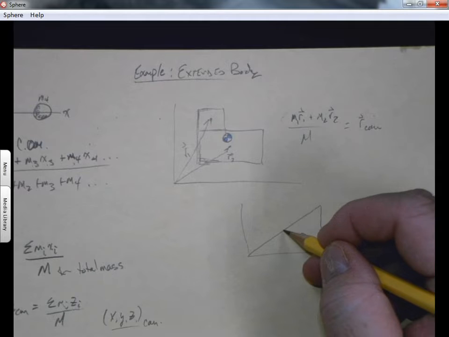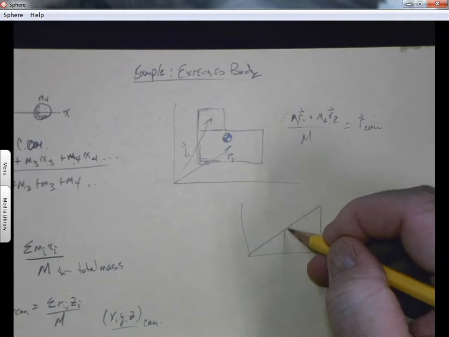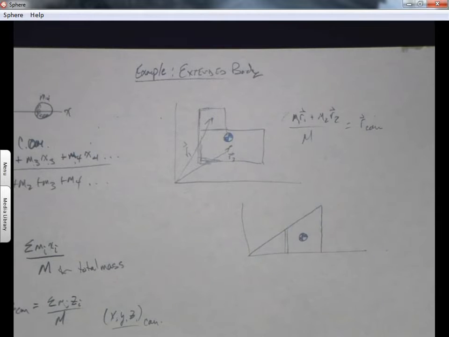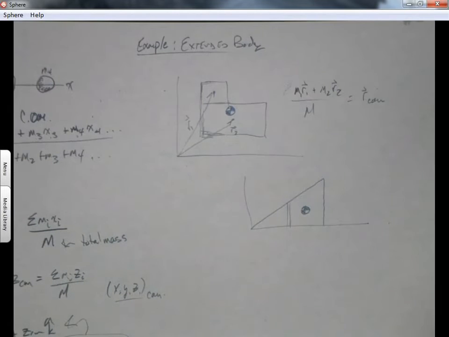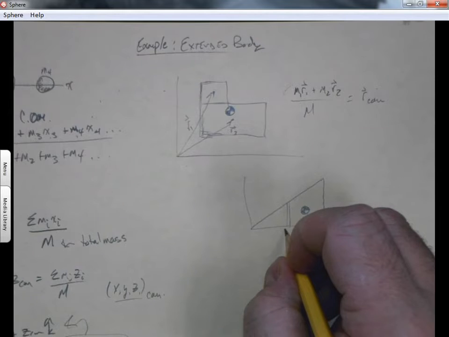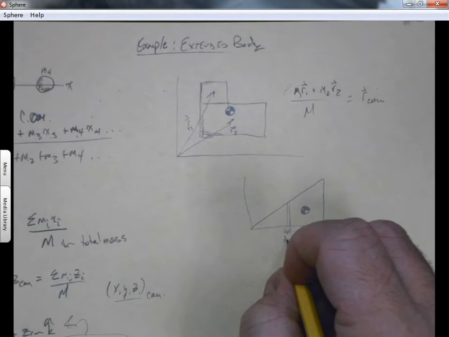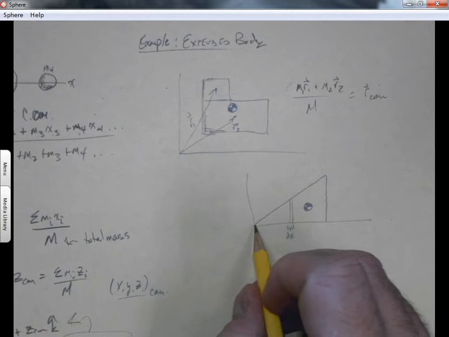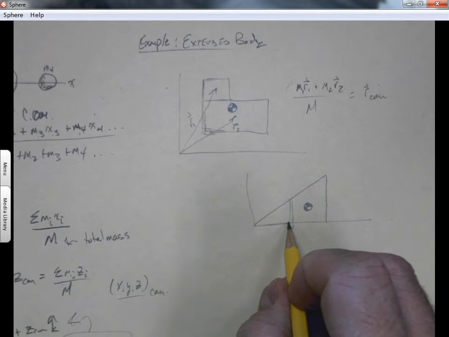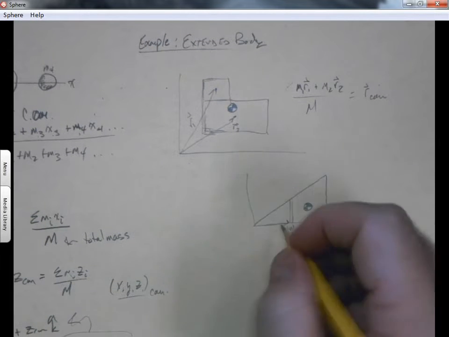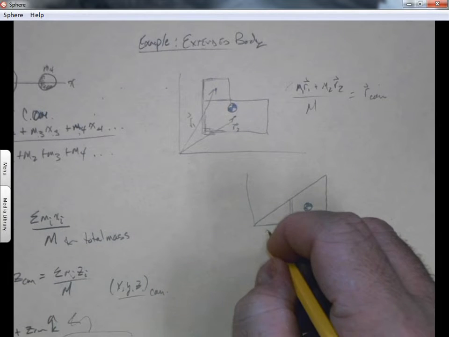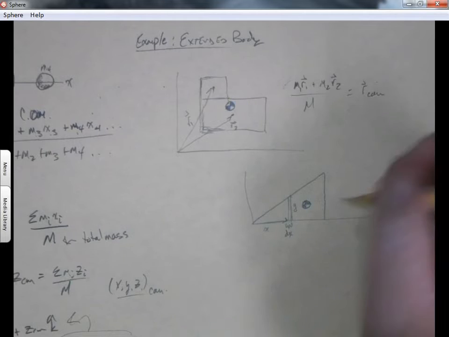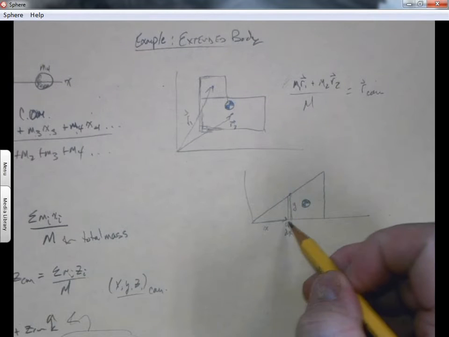Okay, this whole thing can be divided up into a whole bunch of little masses. Where this, of course, right here is our dx, and we've got this distance here, which is going to be our x, and then we have this distance here, which is going to be our y, but this y we can solve as a function of x.